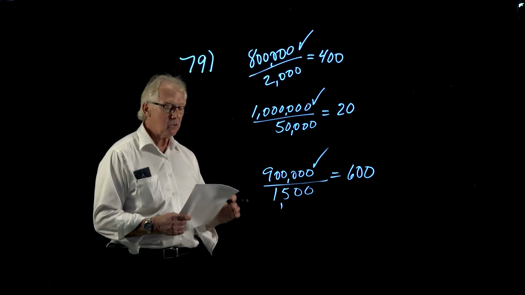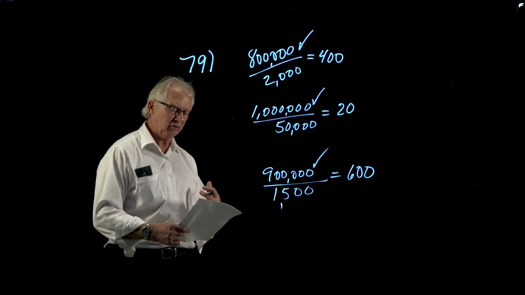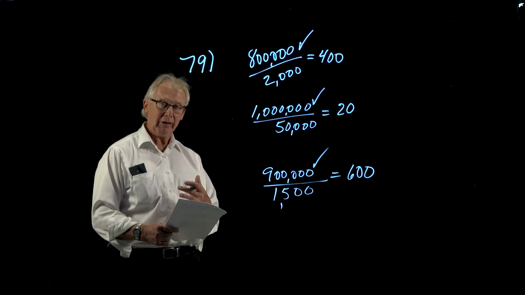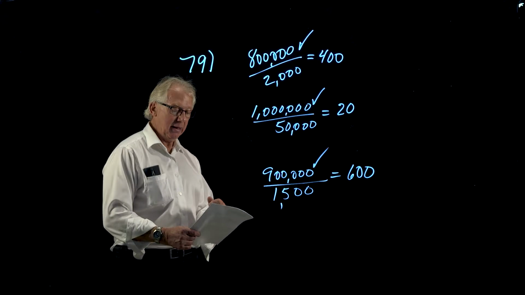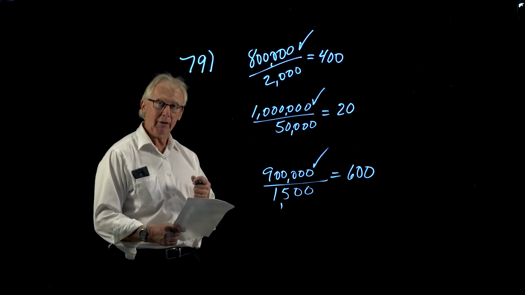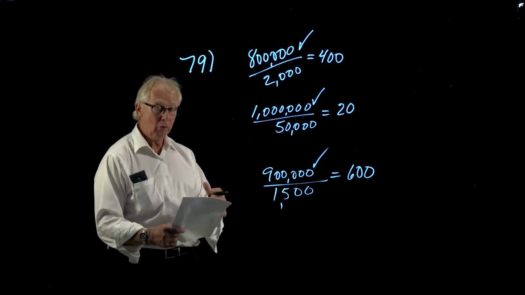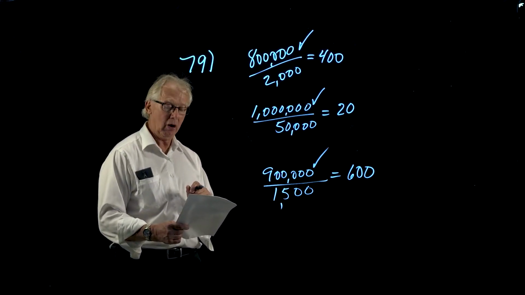Now, the driver, which is the activity that's actually driving the cost of ordering and receiving, is 2,000. So there must have been 2,000 moves to drive that $800,000 cost.